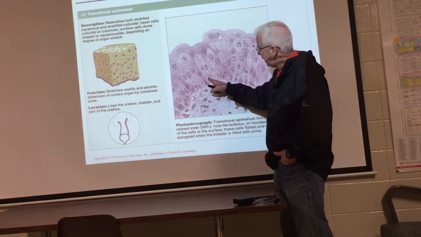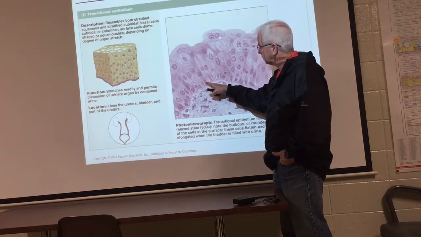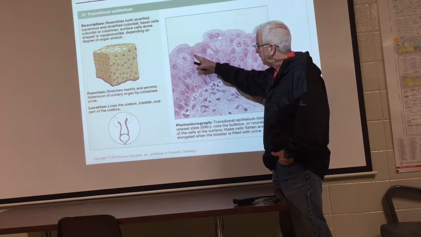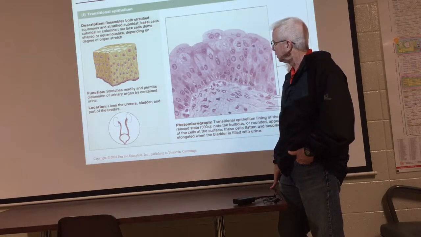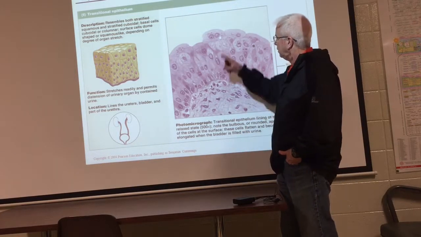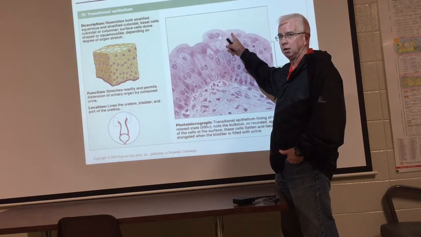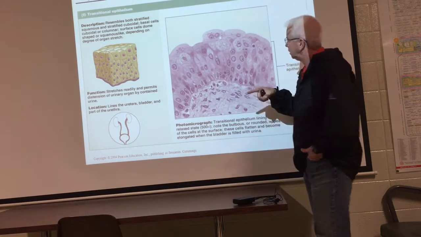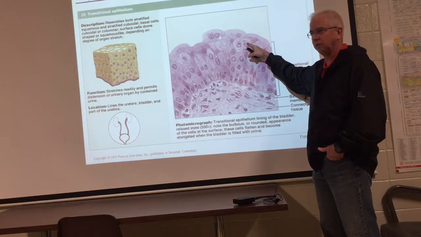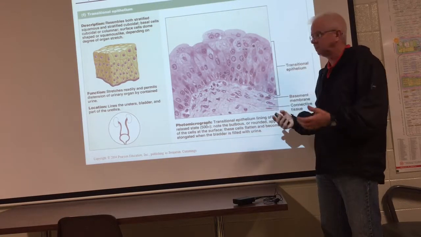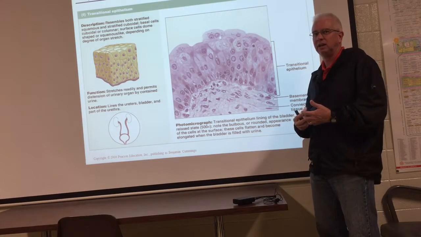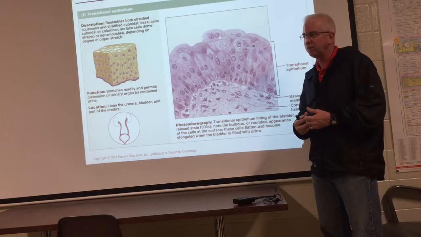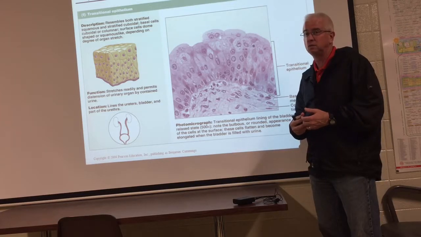Well, that cell right there looks columnar, but it doesn't seem to reach the apical surface. This cell looks flat. This cell looks cuboidal. You'll see that? So the anatomist looks at this and says to themselves, I don't know what to call this. It seems to be stratified, but it's not really squamous or cuboidal or columnar.